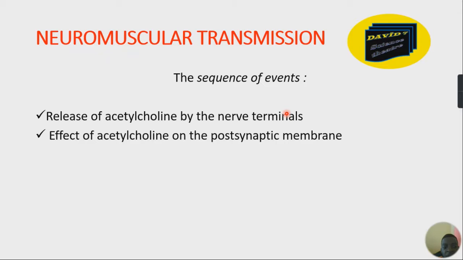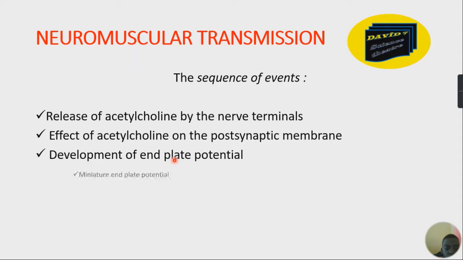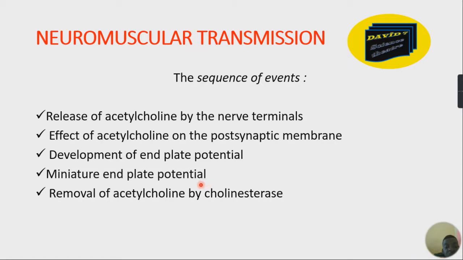Two, it must cause changes on the postsynaptic membrane, and these changes will end up developing an end plate potential. And from there we have a miniature end plate potential. Then we have the removal of acetylcholine by the enzyme cholinesterase.